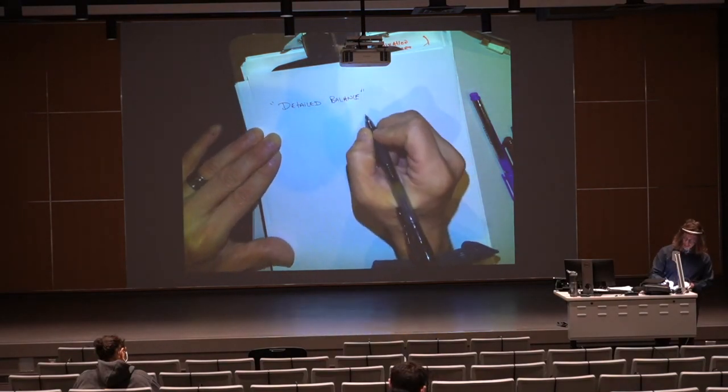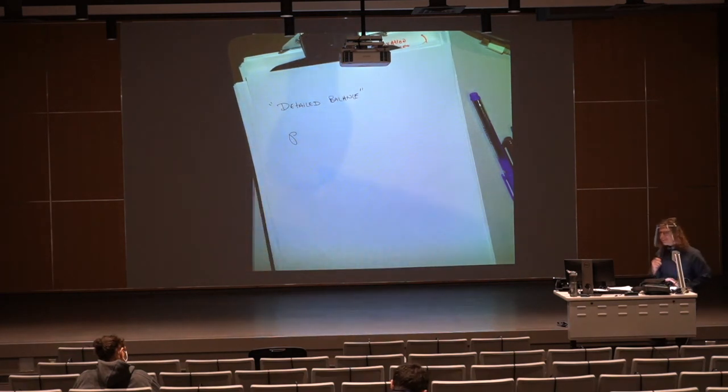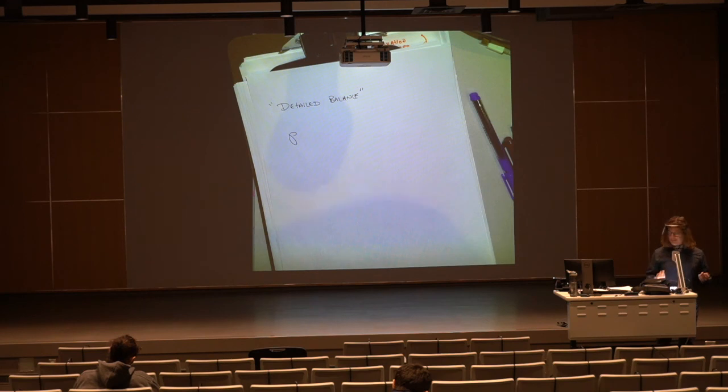Detailed balance is just this equation. Rho, and I'm going to take off the time indices for a moment so that we're not thinking about the reversibility of everything. So I'm just going to talk about two different states.